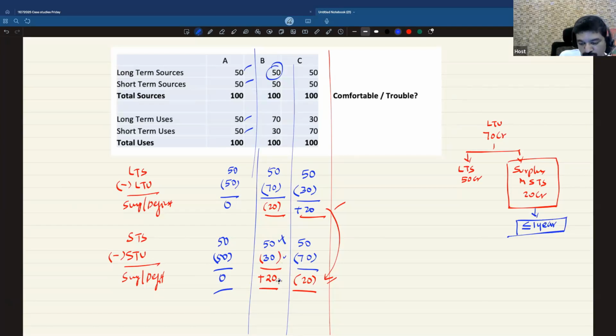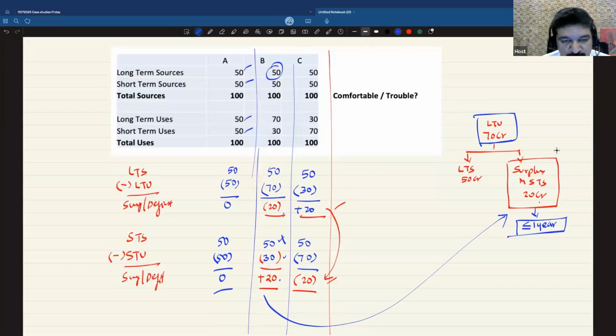This remaining 20 crore will not come because it is not sitting in short-term use or short-term asset. Rather, it has gone for long-term use or long-term asset. So this 20 crore, which has been used from short-term source for creating a long-term use, is actually a disaster.